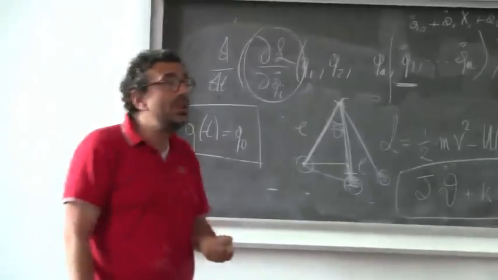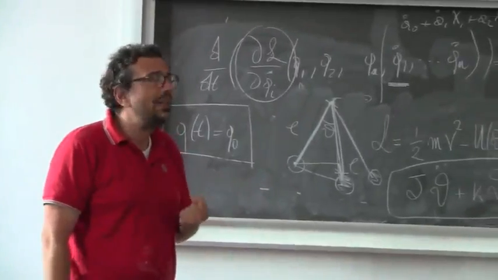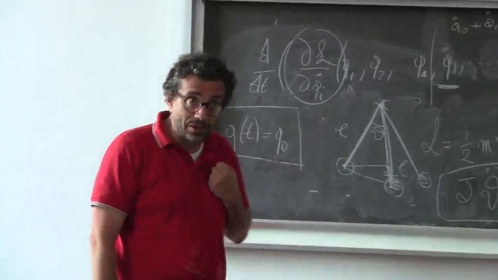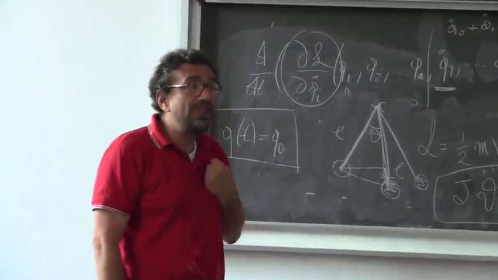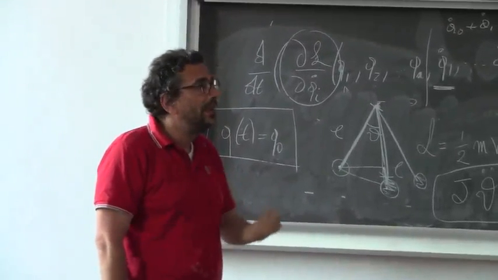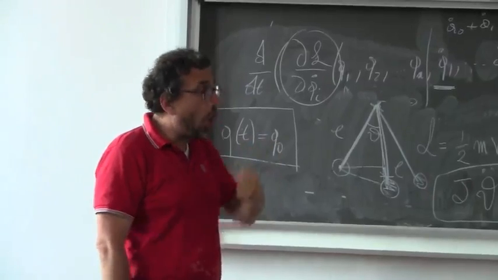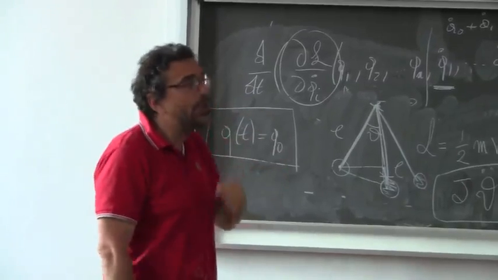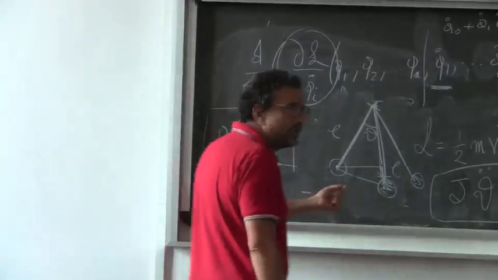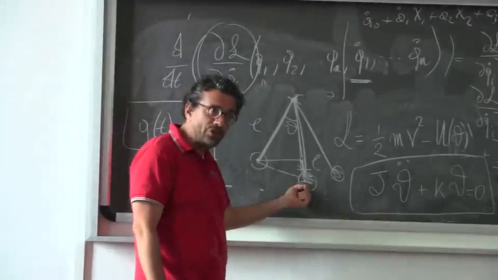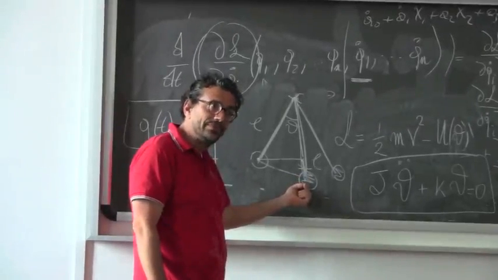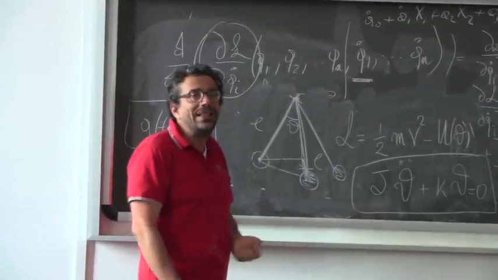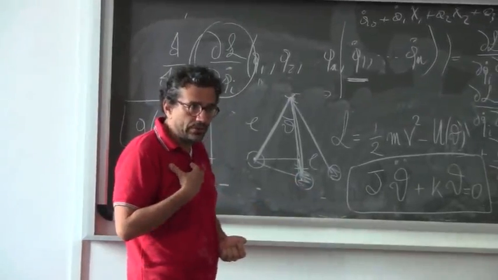Instead, we know very well how to solve linear equations. So what did we do? We built only systems which move very close to an equilibrium configuration. So it is an a priori choice.